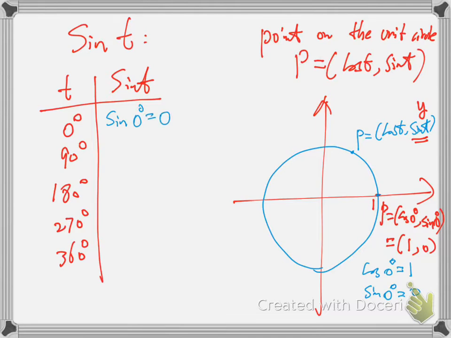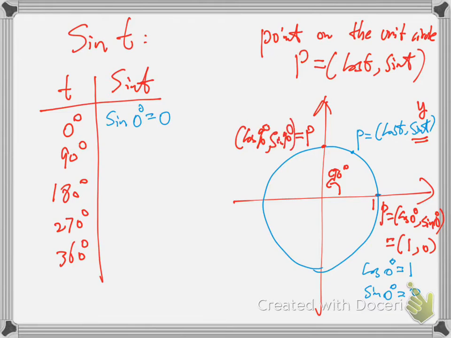Now let's look at 90 degrees. This will be our point P, the rotation is 90. What is this point? We have two ways to write it down. If we use sine and cosine, it is cosine 90, comma, sine 90.